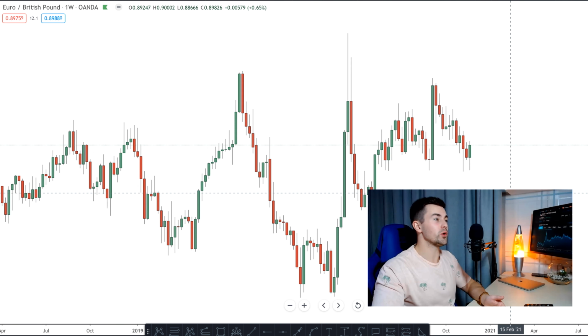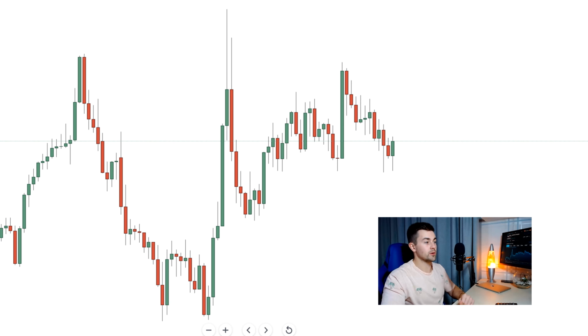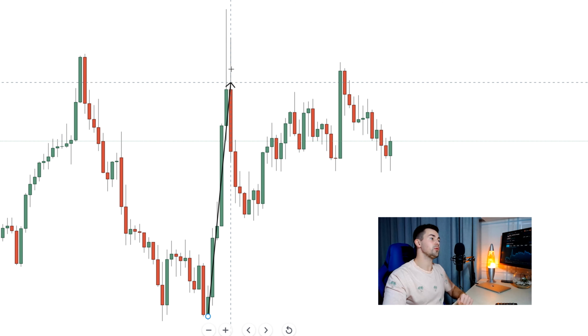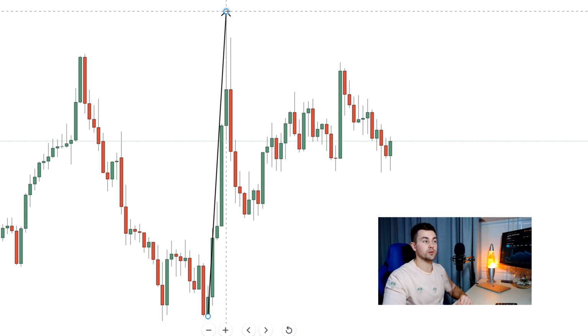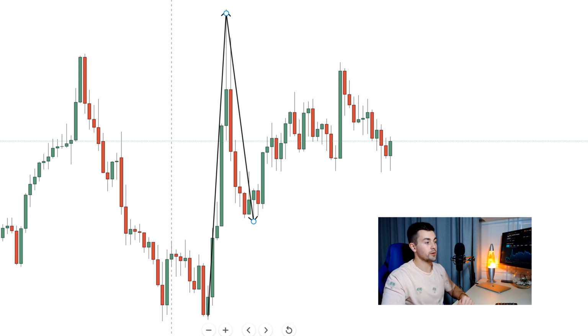Yes, we open a weekly time frame on the euro pound, and the first task that we need to realize is what's happening with the market. Here, as you can see, we will just simply follow the price action. Here was our recent strong bullish impulse, yes, and the market reached that high over here. Then we retraced here, and here we set our high low.